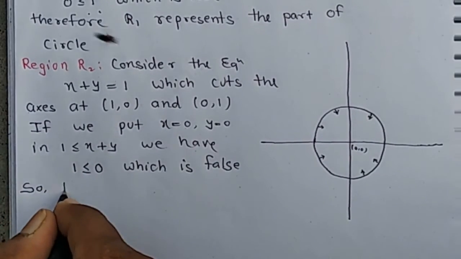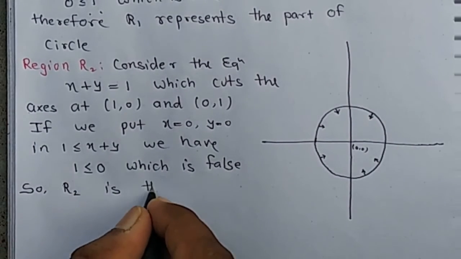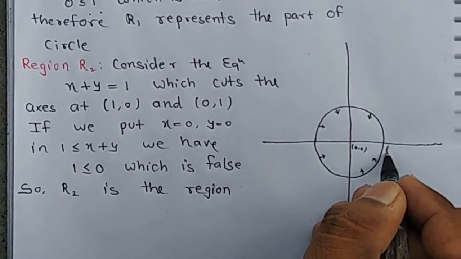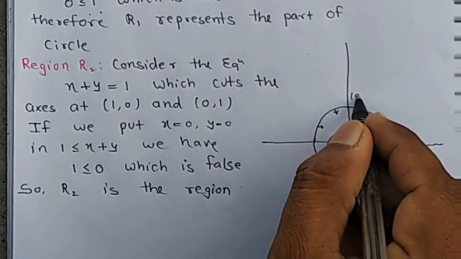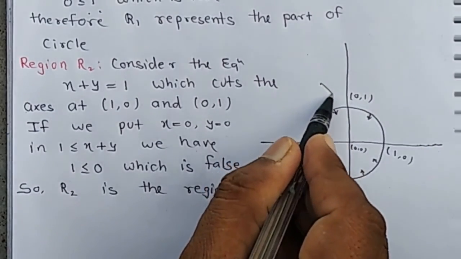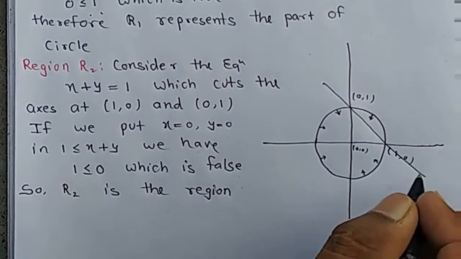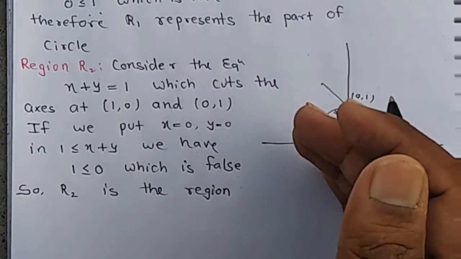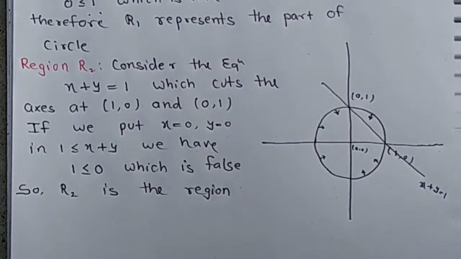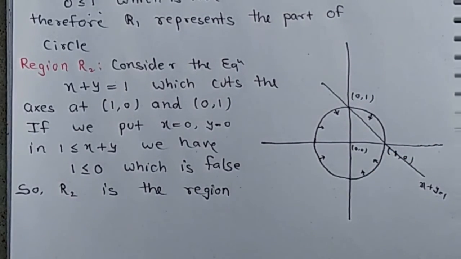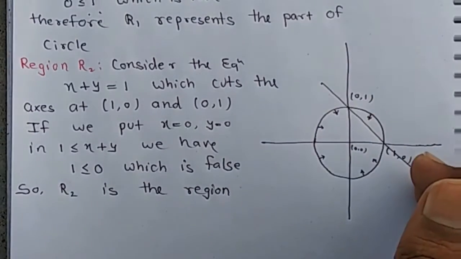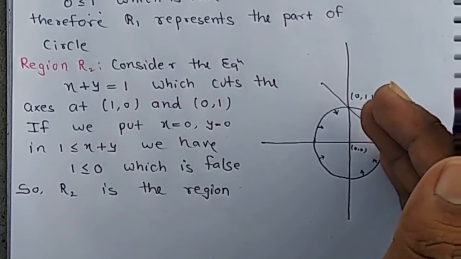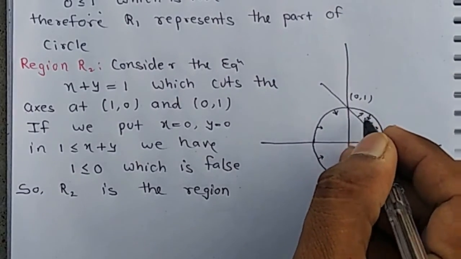So R2 is the region lying above the line x + y equal to 1, through (1, 0) and (0, 1). Since the origin does not satisfy this inequality, the solution region lies above the line x + y equal to 1.